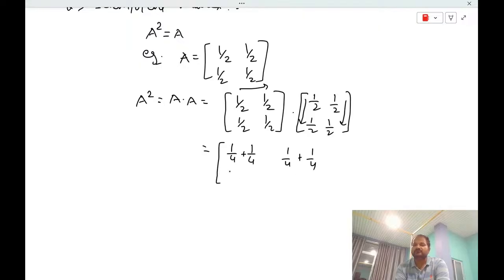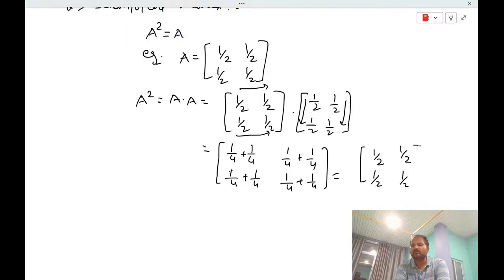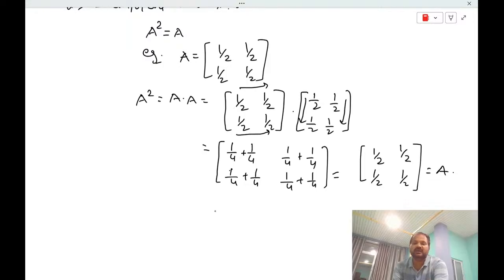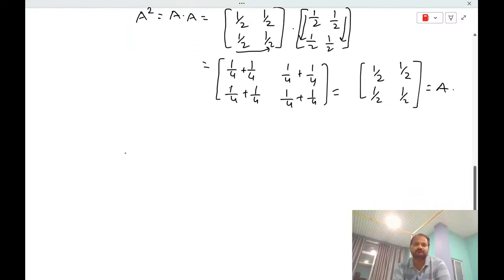The second row is multiplied by the first column, 1 by 4 plus 1 by 4, and the second row by the second column, 1 by 4 plus 1 by 4. Adding these, 1 by 4 plus 1 by 4 is 1 by 2. So you can see the square of matrix A is equal to A. So A is called the idempotent matrix.